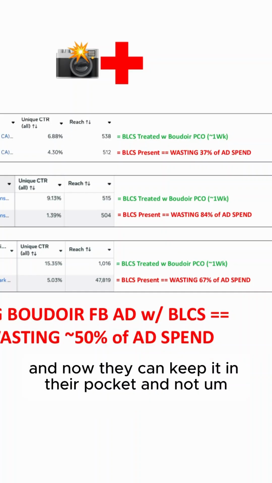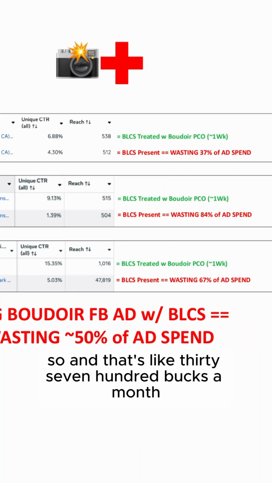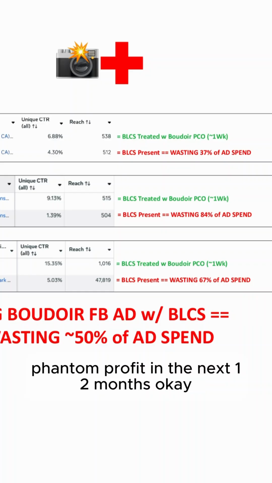And now they can keep it in their pocket and not actually waste it. That's like $3,700 a month. That's like 40K of phantom bonus, phantom profit in the next 12 months.